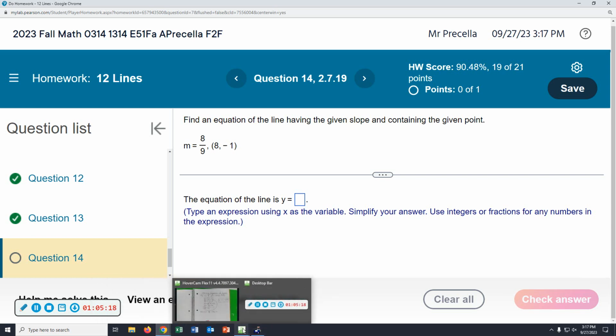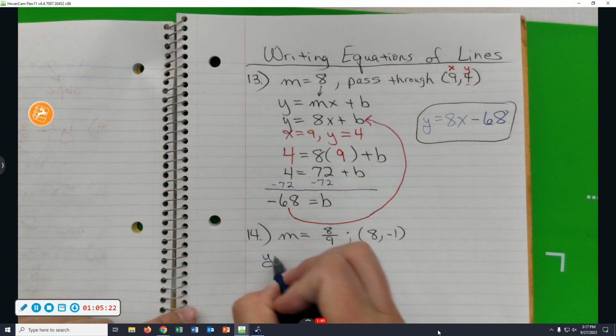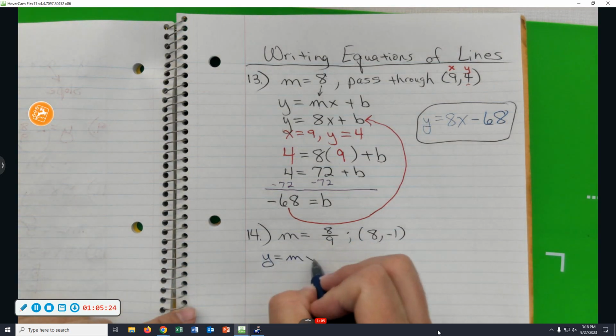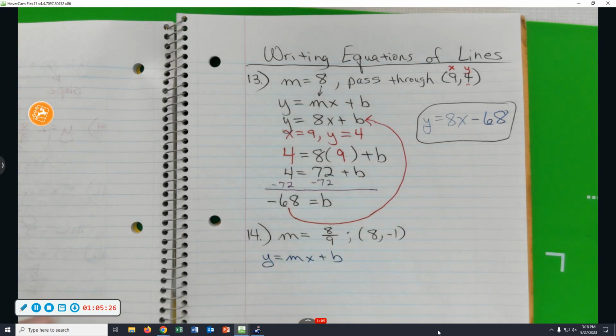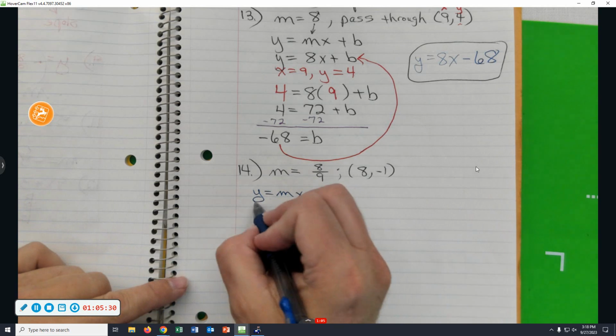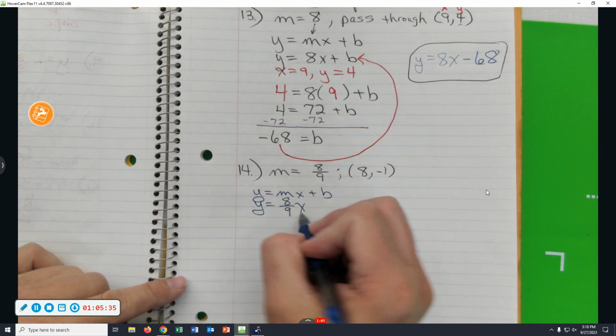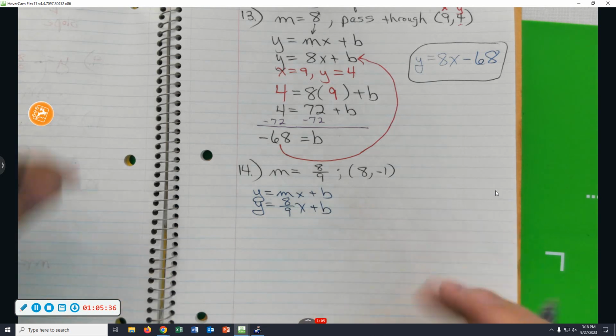Okay, so we know part of it. We already know y equals mx plus b. Which one of these letters do we know? So we have y equals 8/9 times x plus b.